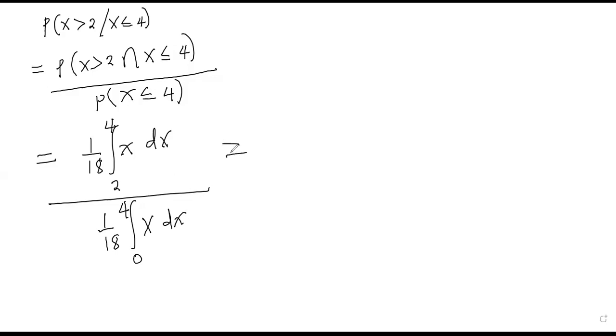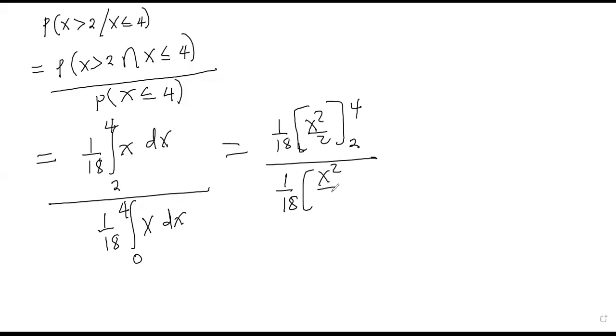So this is the same as 1/18 integrate x squared over 2 from 2 to 4 over 1/18 integrate, you get x squared over 2 from 0 to 4. It's the same as 1/18. If you substitute a 4, it will be 16/2, which is 8, minus 2 squared, which is 4/2, which is 2.